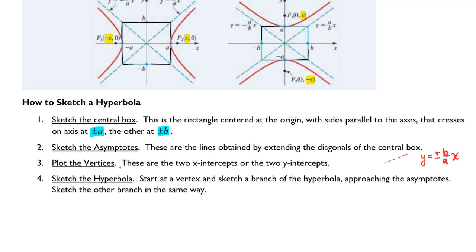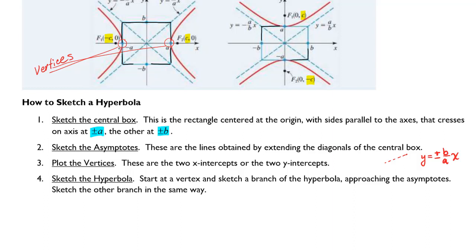Step 3 is to plot the vertices. The vertices are what I was kind of describing as a max or min, but remember that doesn't really make a ton of sense in this situation if your curves are opening sideways. So these are our vertices.